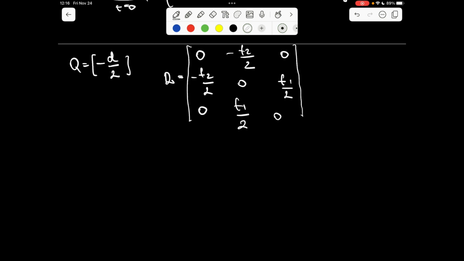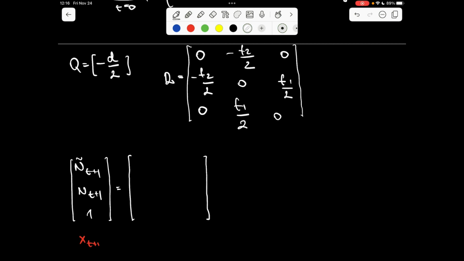And let's find matrix A and B. This is the state in t plus 1. This is supposed to be matrix A. Okay, this is implied n and 1.